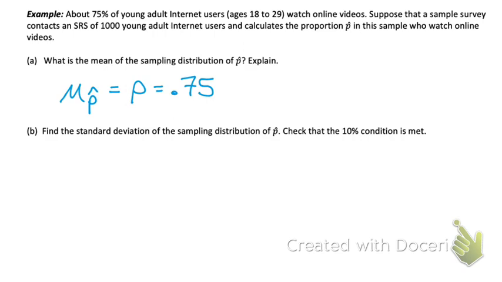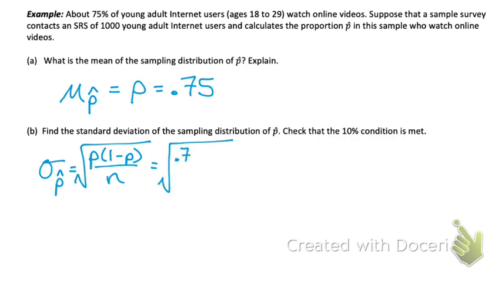Now we're going to find the standard deviation of the p-hat distribution by using the formula square root of p times 1 minus p over the sample size. I know p and I know n, so I can just plug and chug here. The square root of 0.75 times 0.25 divided by 1,000.